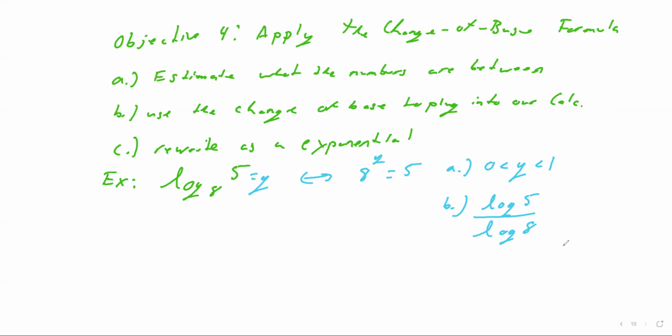If you type this correctly in your calculator, you will approximately get 0.774. And then on part C, if you have to rewrite this, it would look just like this, but now I'd plug in 0.774 for my y, and I should get about 5. Right? And that's it.